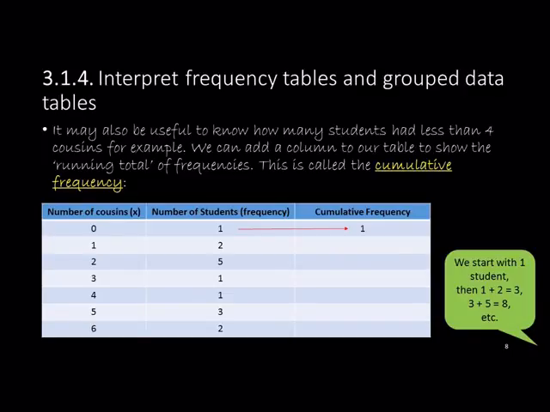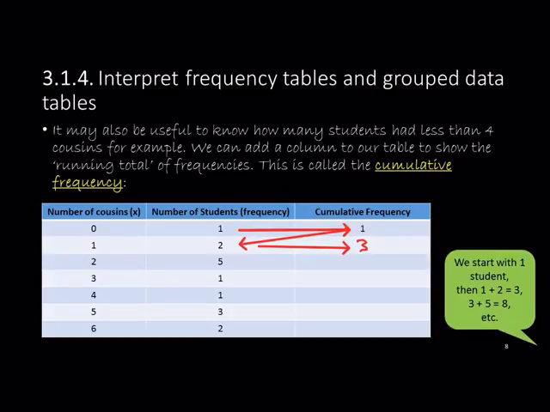So we started off with 1 student, so our cumulative frequency starts at 1. And then we say the 1 plus 2 students from the next class, 1 plus 2 is 3.